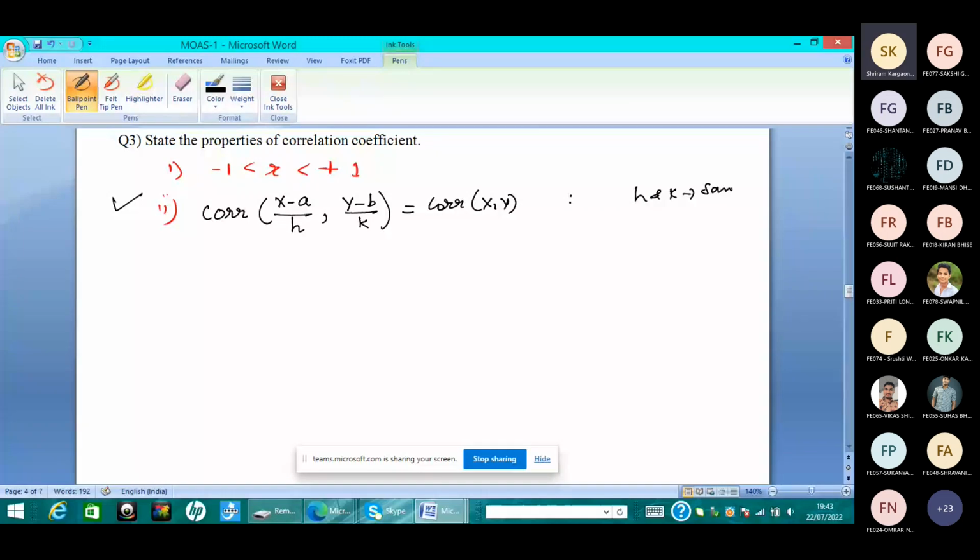Same sign means both positive or both negative. And it will be minus the correlation of x and y if h and k have opposite signs. Now, many times a tricky question is asked on it. So you have to note it down properly.